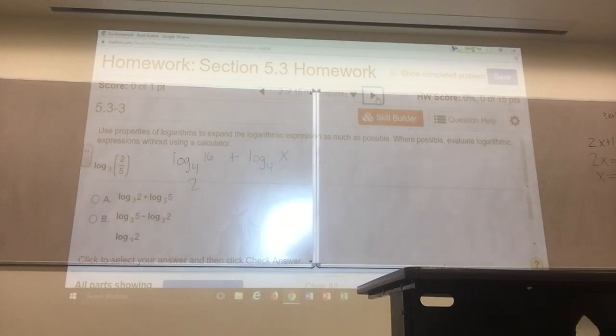So again, here we have to see that division on the inside means what on the outside? Subtraction. And remember, this is not the right answer, right? That's the opposite. You subtract the bottom from the top, not the top from the bottom. So it's this one. Okay?